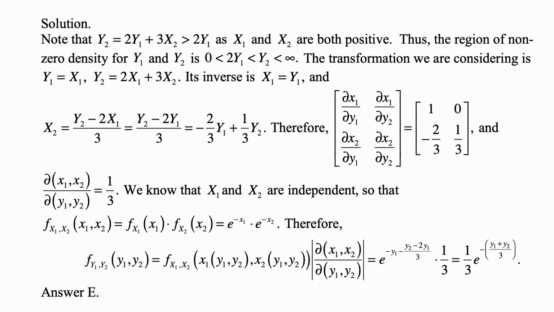And that is equal to e to the minus y1 minus (y2 minus 2y1) over 3 times 1/3. And that's 1/3 e to the minus (y1 plus y2) over 3. And that's answer E.